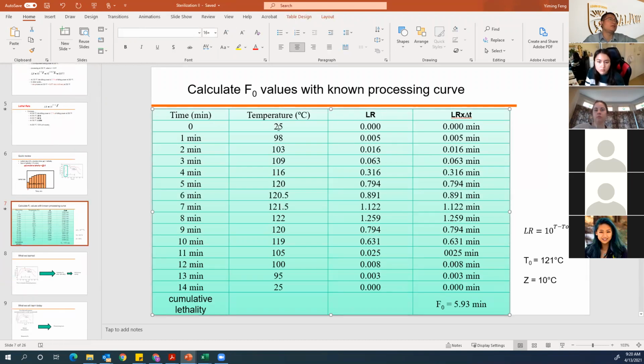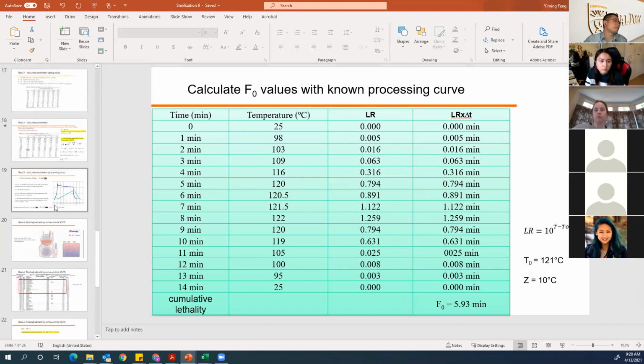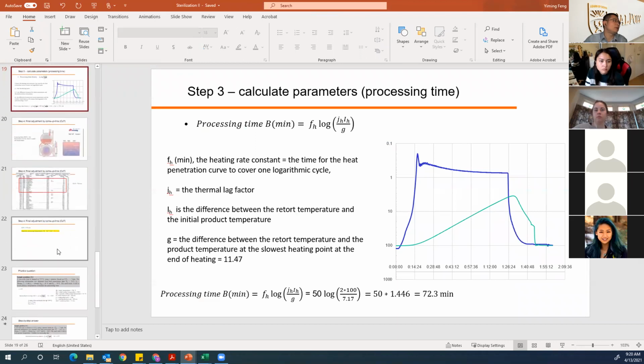So at different temperatures, you calculate the lethality, right? This is the equation we'll be using here: the lethality. Let me put it back here.